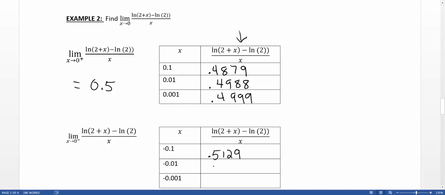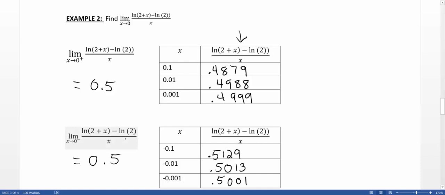When I plug in negative 0.01, I get 0.5013. And when I plug in negative 0.001, I get 0.5001. So again, looking at these values, I see that the decimals and zeros are going out further and further, and I feel fairly confident that this limit is also approaching 0.5.